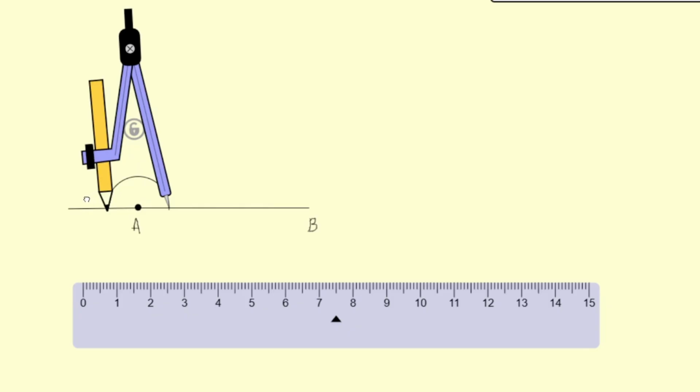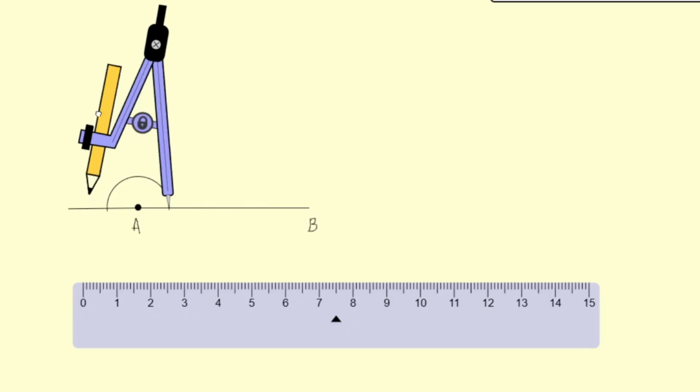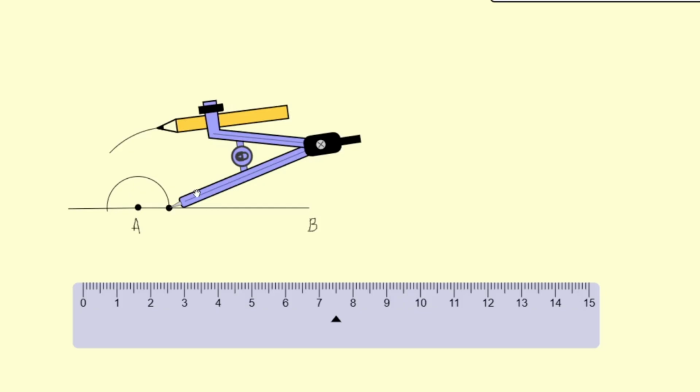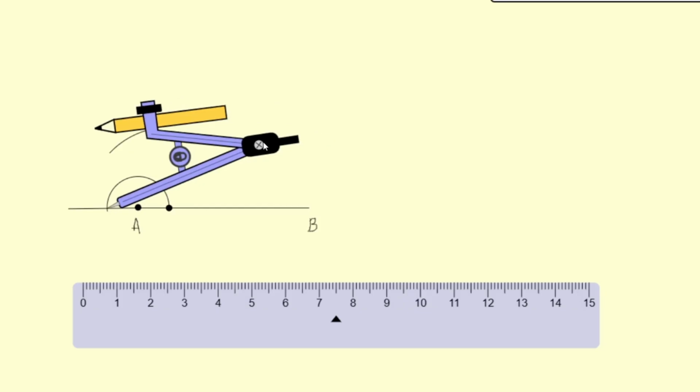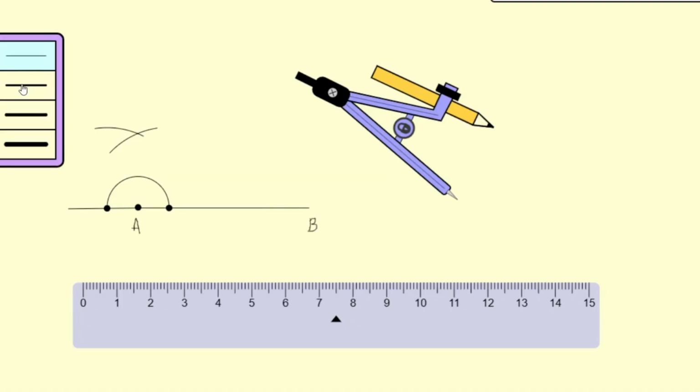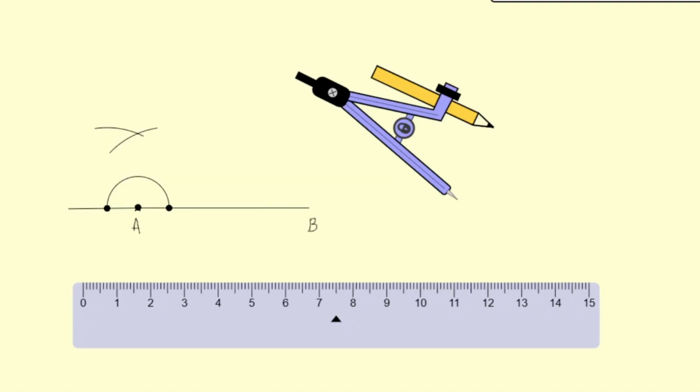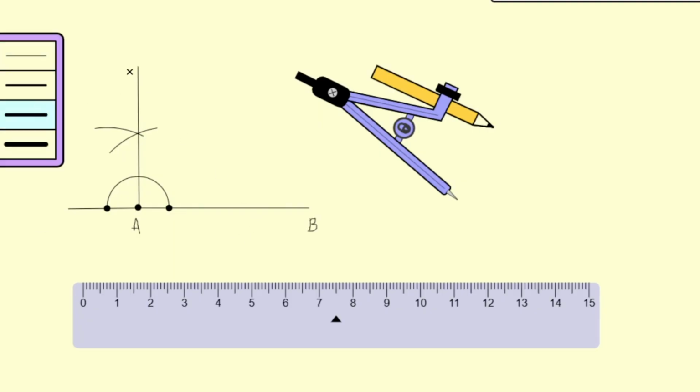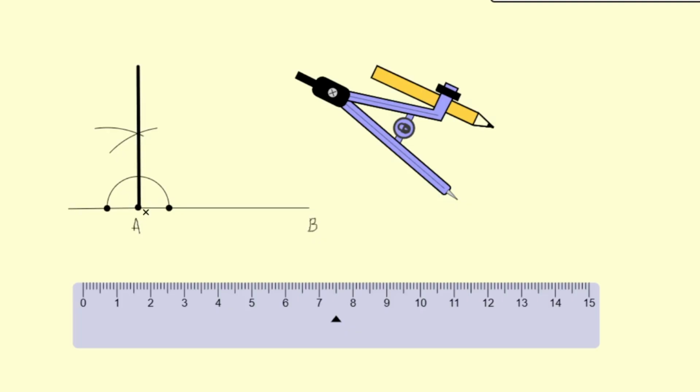Extend slightly past that point, and then scribe your arc here and scribe again. Then you draw your line. Darken the important ones, which would have been from here to here and to here. And then you place your 90-degree just to indicate what degree it is.